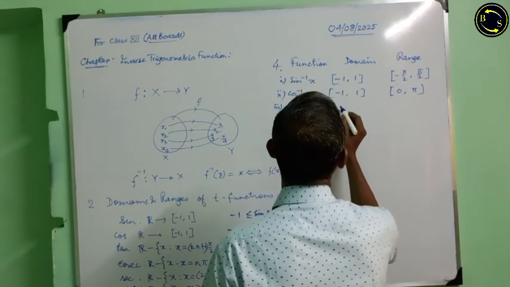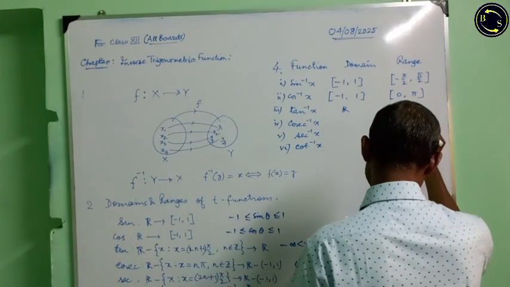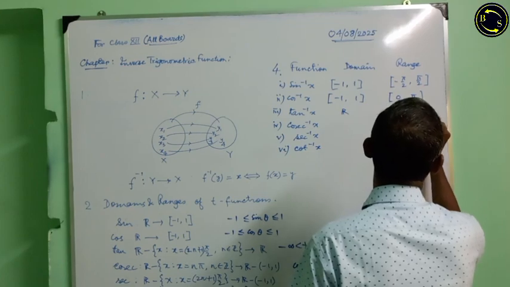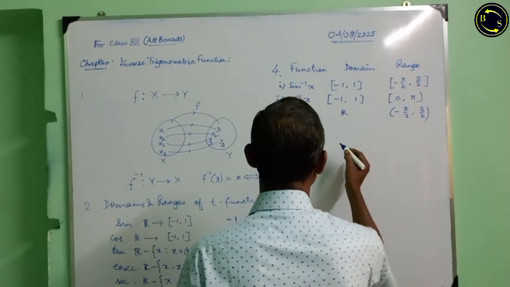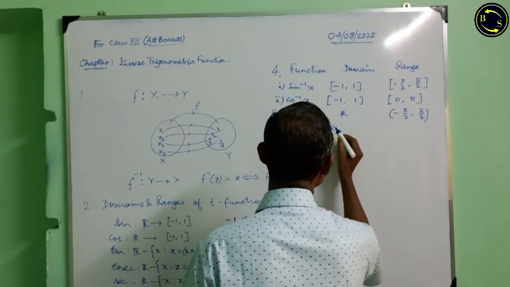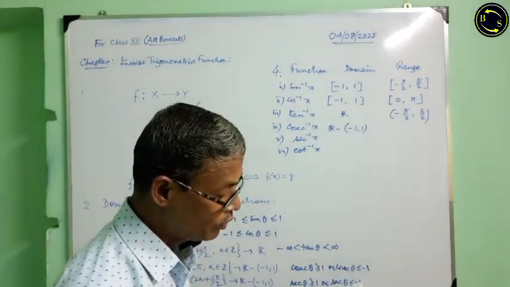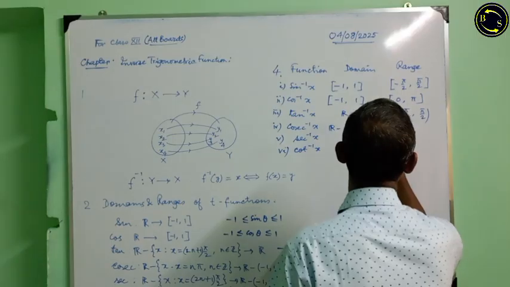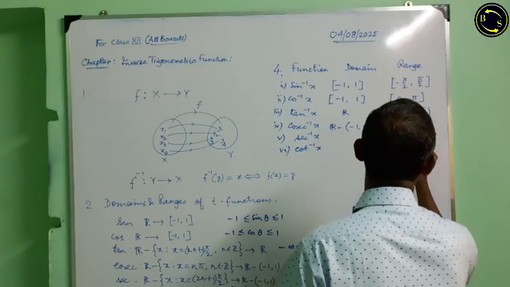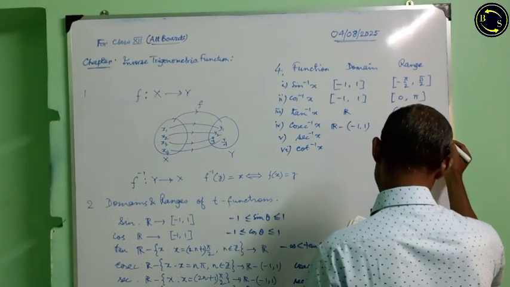In case of tan inverse, set of reals, and this is -π/2 to π/2. For cosec inverse, the domain is set of reals minus the set -1 to 1, and range will be -π/2 to π/2 except set of 0.